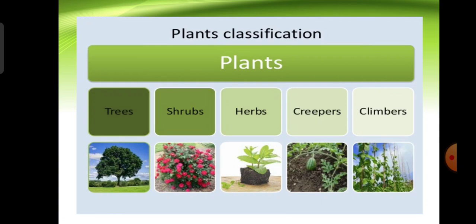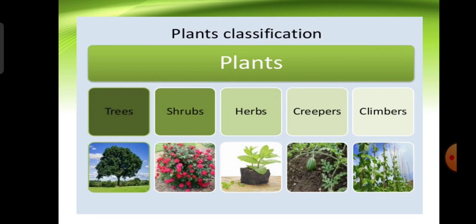In addition to these three categories of plants, there are two more types which need some support to grow. They are specifically called climbers and creepers. What are climbers? Climbers are much more advanced than creepers.